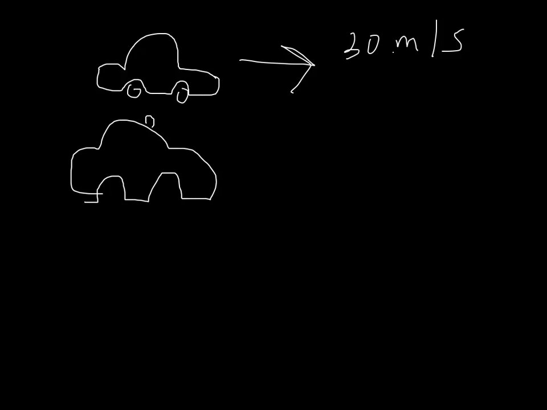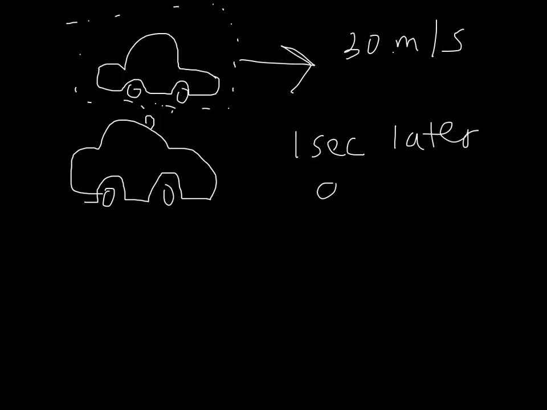so this guy is the trooper, woo, woo, woo. And the trooper is hiding behind a billboard. He needs wheels. 1 second after this car passes, the trooper sets off in a chase with a constant acceleration of, so his constant acceleration is 3 meters per second squared.